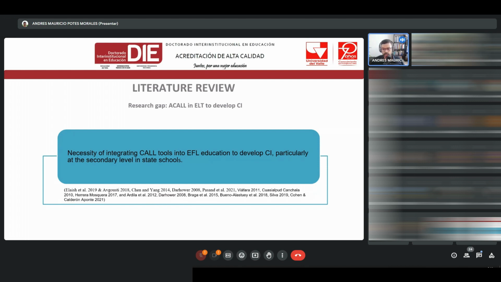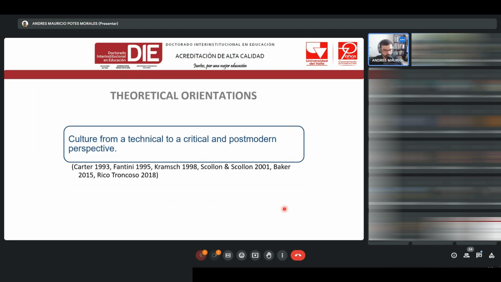Second, critical interculturality has mainly been developed as a theory, especially at the higher educational level. And third, as a result, this study aims at taking the theory developed in recent years in Colombia to the school teacher's practice. The theory that supports this study orbits the concepts of culture, interculturality, and CALL.